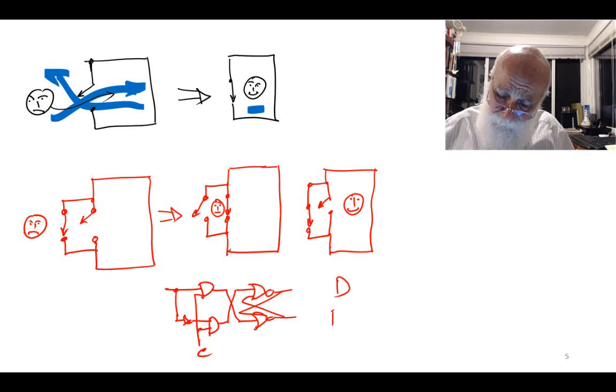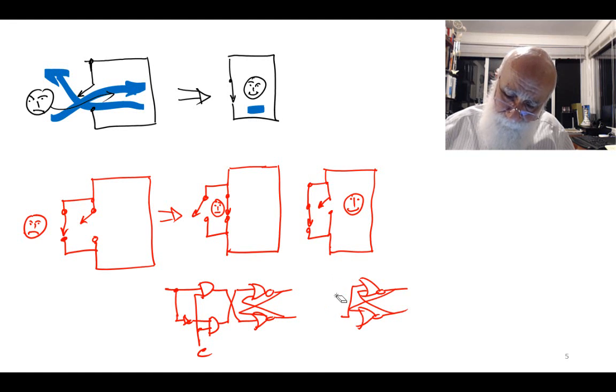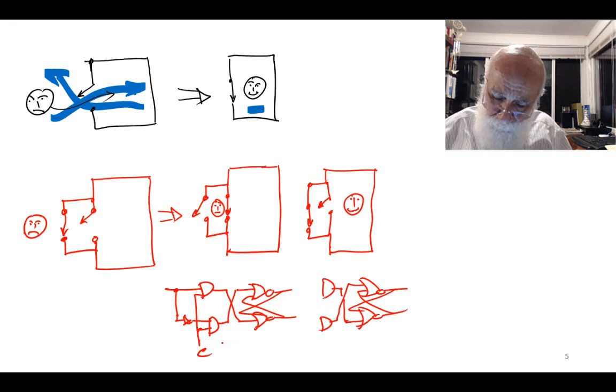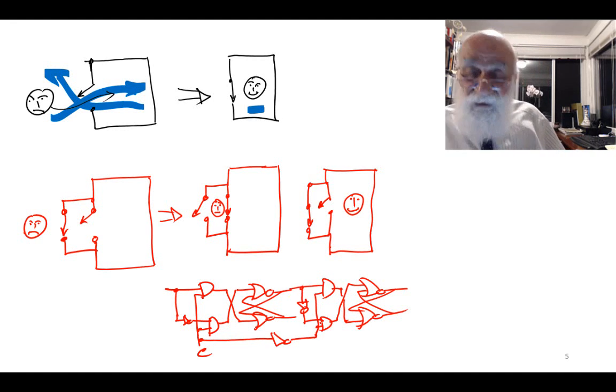Another cross-coupled latch. And then use a complementary clock, meaning the door open, for the second one.